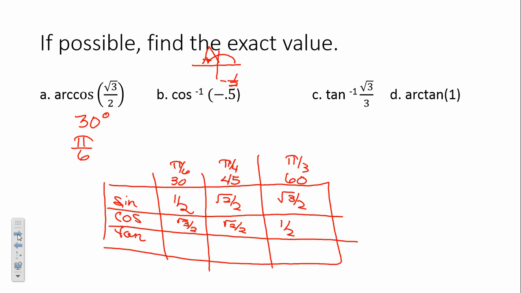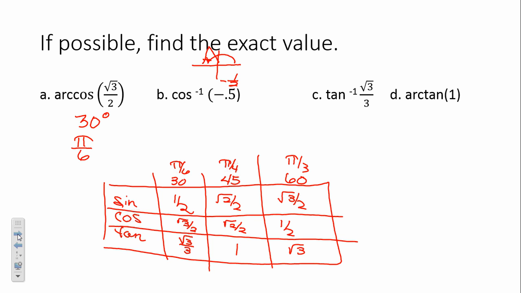And tangent is going to be sine over cosine, or think about the 30s as having all those 3's. Then sine over cosine, sine over cosine. So you've got to have this table down so that you can quickly come up with this information. There are 9 values that we want you to know off the top of your head.